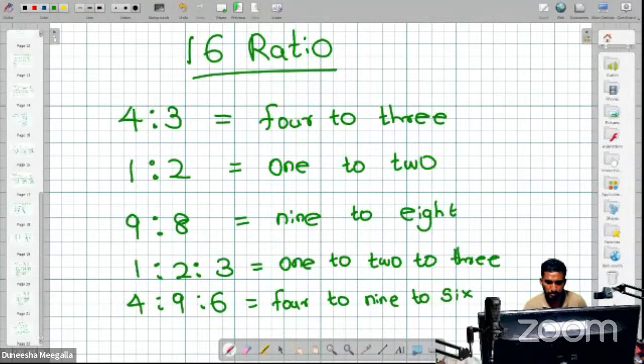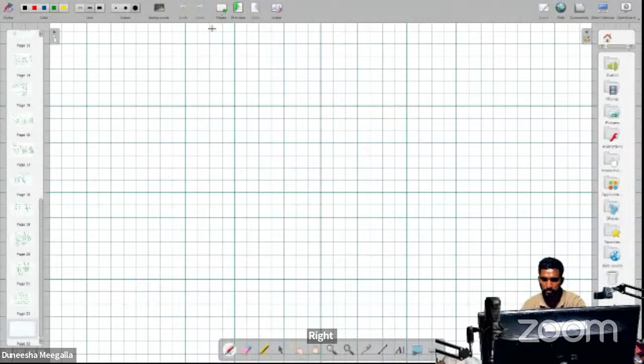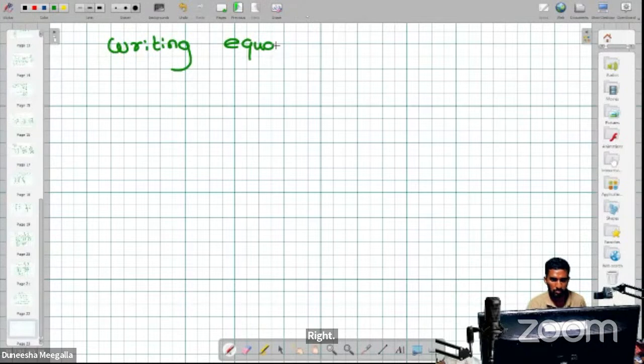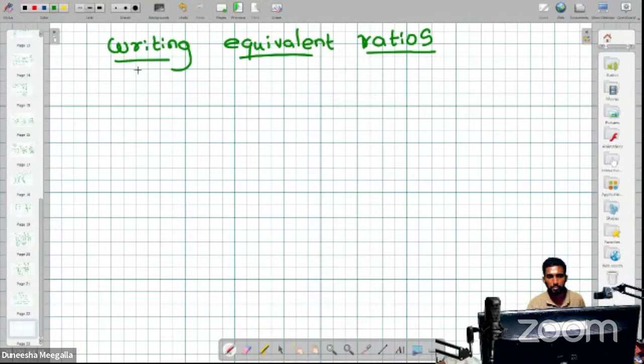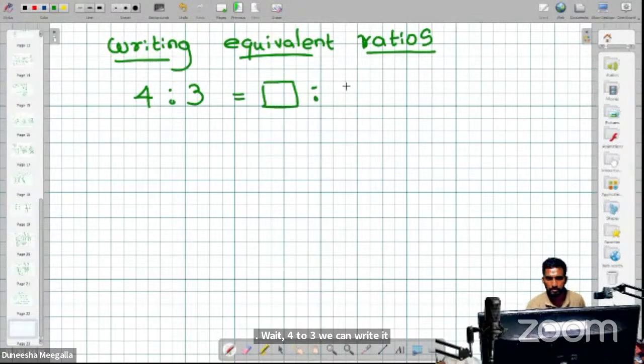Write in equivalent ratios. This is a sub topic from grade 7. 4 to 3, we can write it as blank.